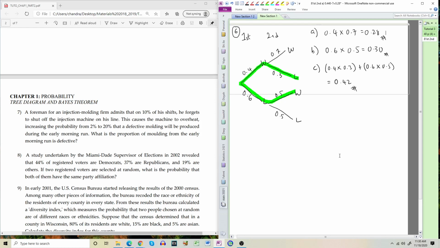Maybe number 7 I can do also. A foreman of an injection molding firm admits that 10% of his shift he forgets to shut off the injection machine on his line.